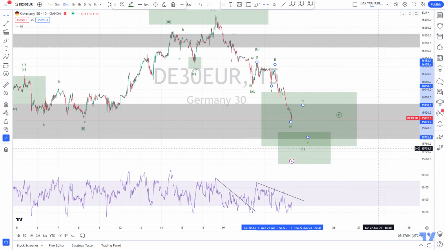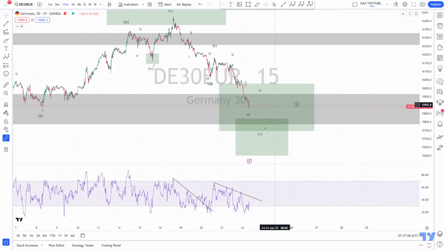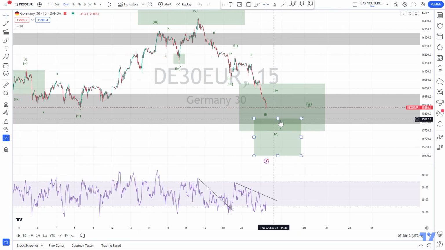If this is the case, then this is for me a long entry here. So wave 4, wave 5, that is ending with divergence in this area. Yeah, this looks like a good long trade, but so I expect a reaction from here, reaction to the upside.